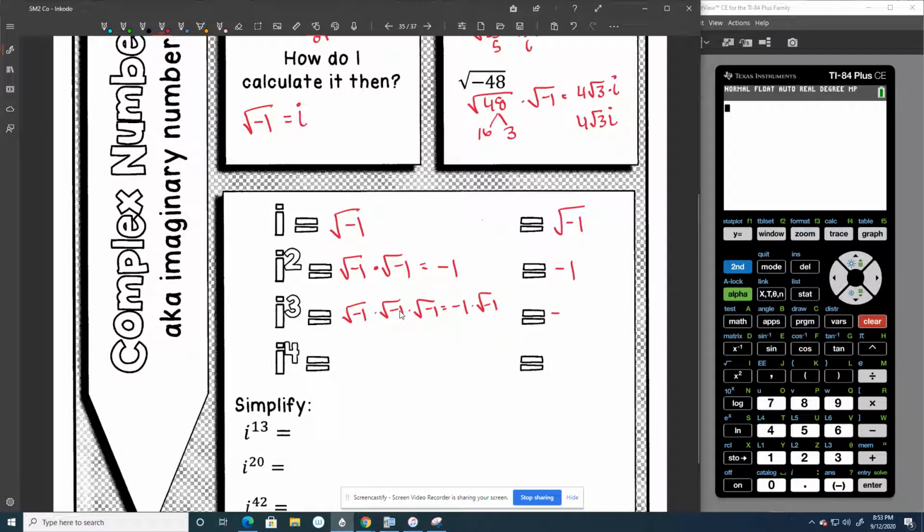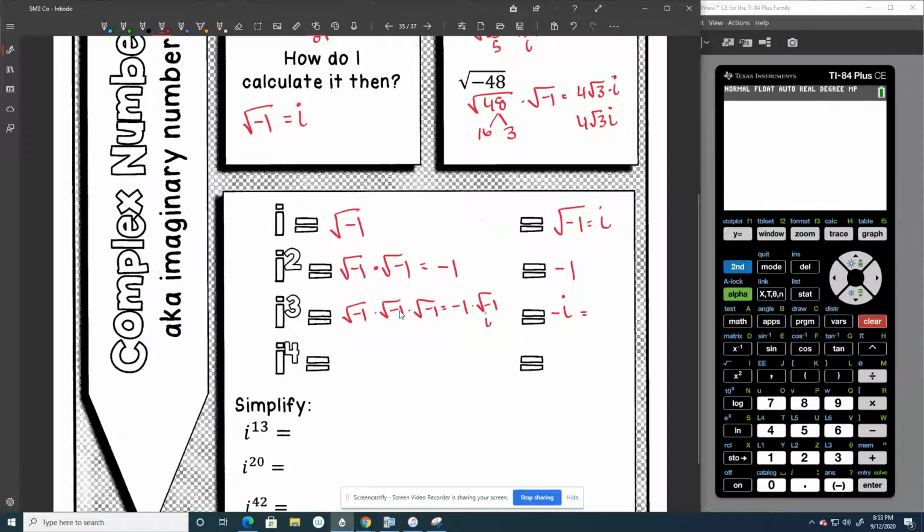So this becomes negative i, because this is i and this is negative 1. So i cubed is negative i.